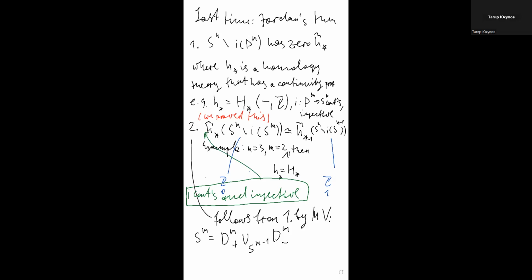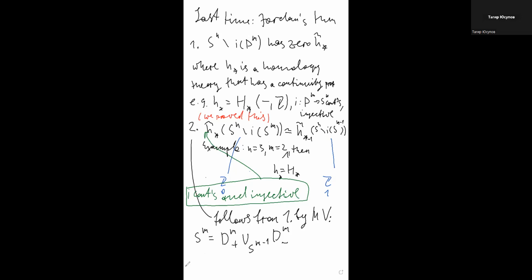Okay. Now the second part follows from the first part, just by formally applying the Mayer-Vietoris sequence to the sphere Sm, represented as the union of two disks such that the intersection is S(m-1).